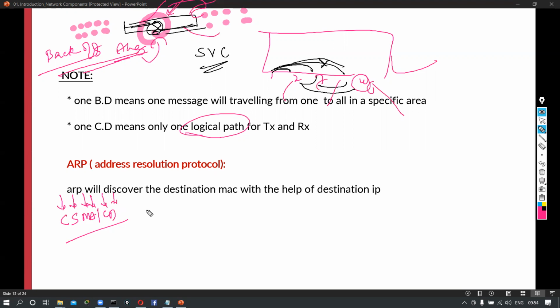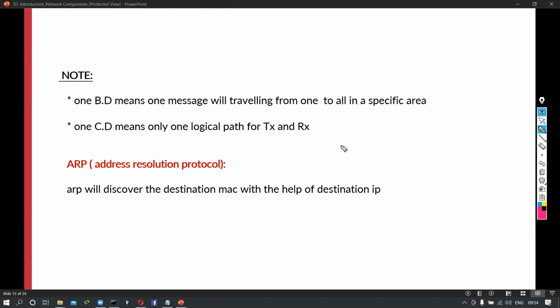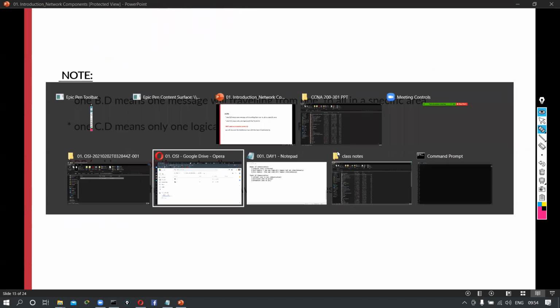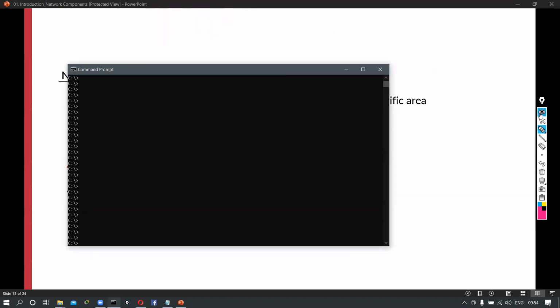After a collision occurs, we can't do anything; we have to wait for a certain period of time, which is given by the back off algorithm. Before the collision occurs, we need to detect and overcome it. That will happen with the help of this technology. How does this technology work? Let me write that down. CSMA/CD.